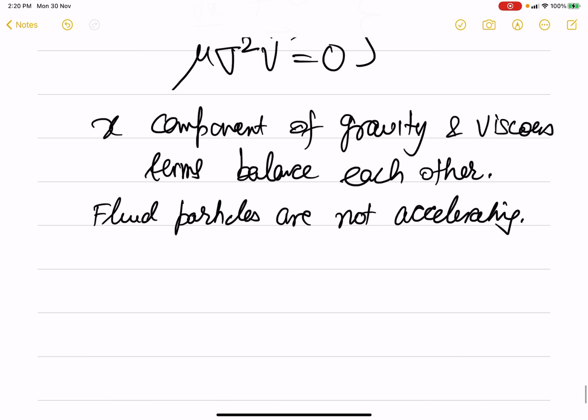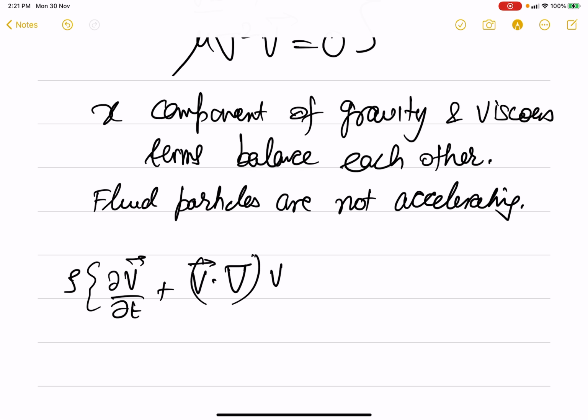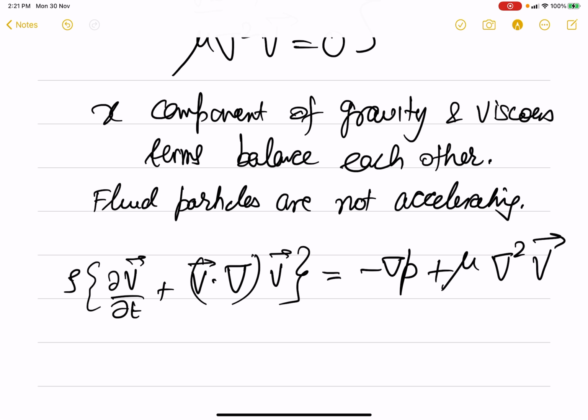Okay. Now, just let's go back to the Navier-Stokes equations. We had rho times partial V by partial T plus V dot grad V is equal to minus grad P. And now I'm going to assume that the gravity term is consumed in the pressure term.